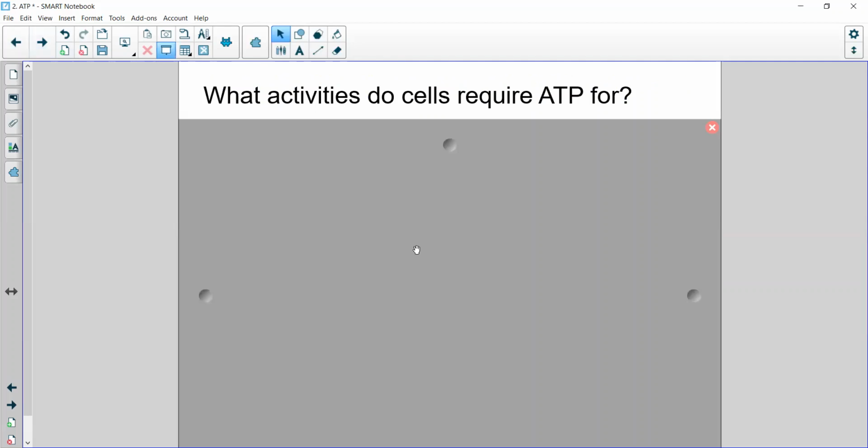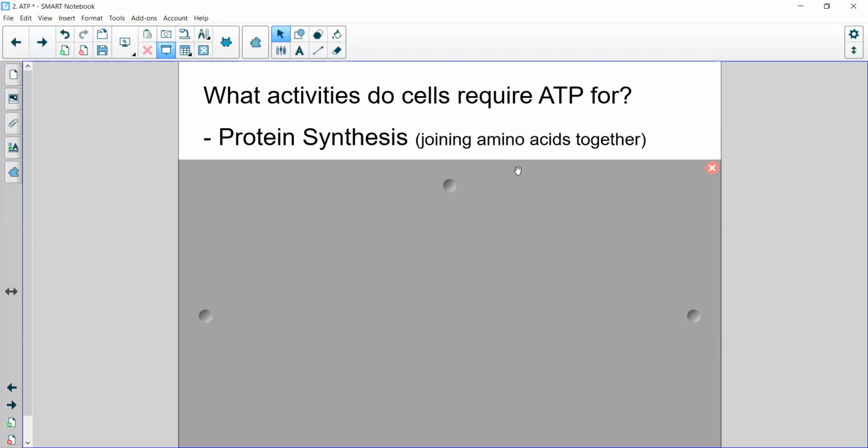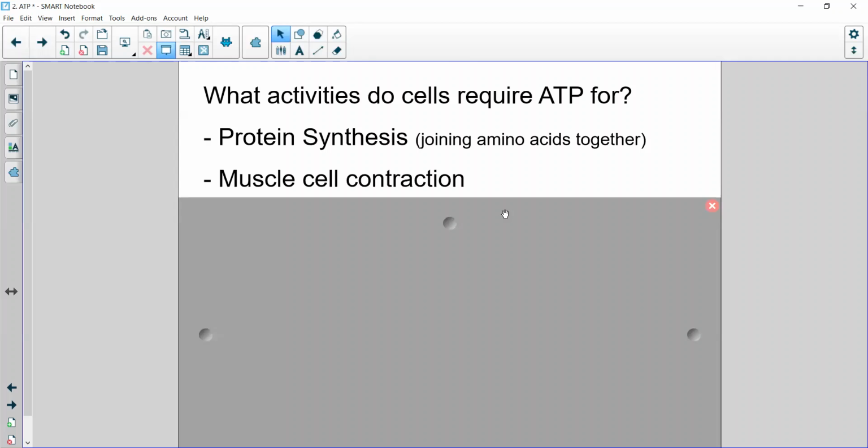Now, last thing to think about is what activities do cells actually require ATP for? So we've looked at one, protein synthesis, so joining amino acids together. But there's other examples as well. You can maybe have a little think about some just now. But we've got things like muscle cell contraction. So when we move, that requires energy.